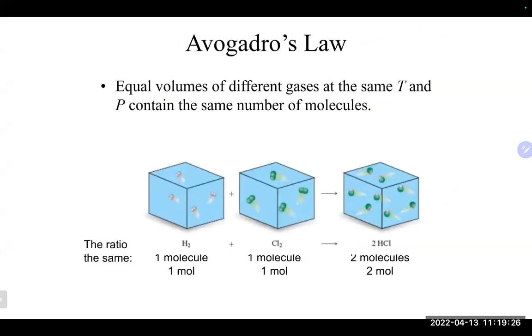And that's what we see here. Again, we could do a volume to volume relationship, equivalent to the mole to mole relationship. So we could say 1 liter of H2 gives us 1 liter of Cl2, or 2 liters of HCl. And again, we could almost do a stoichiometry relationship under these constant pressure and temperature conditions.